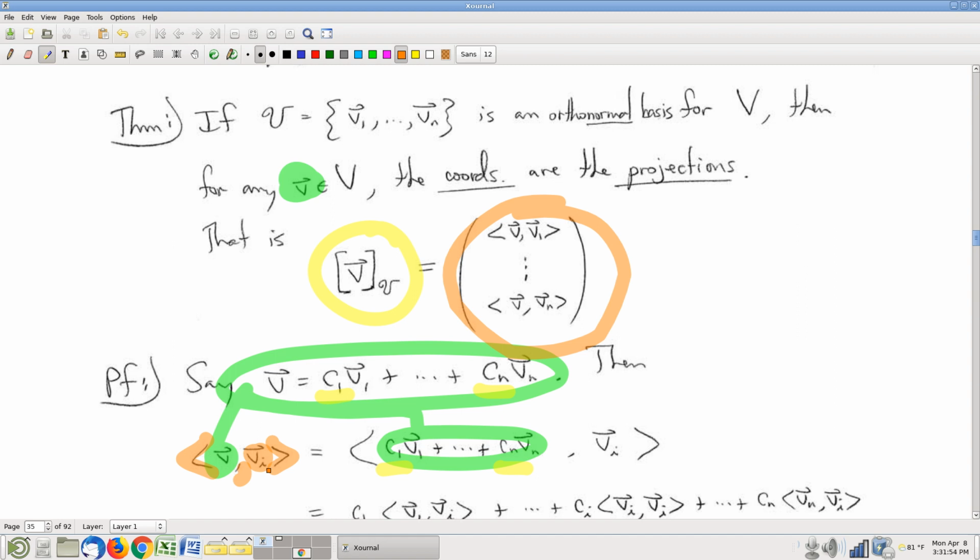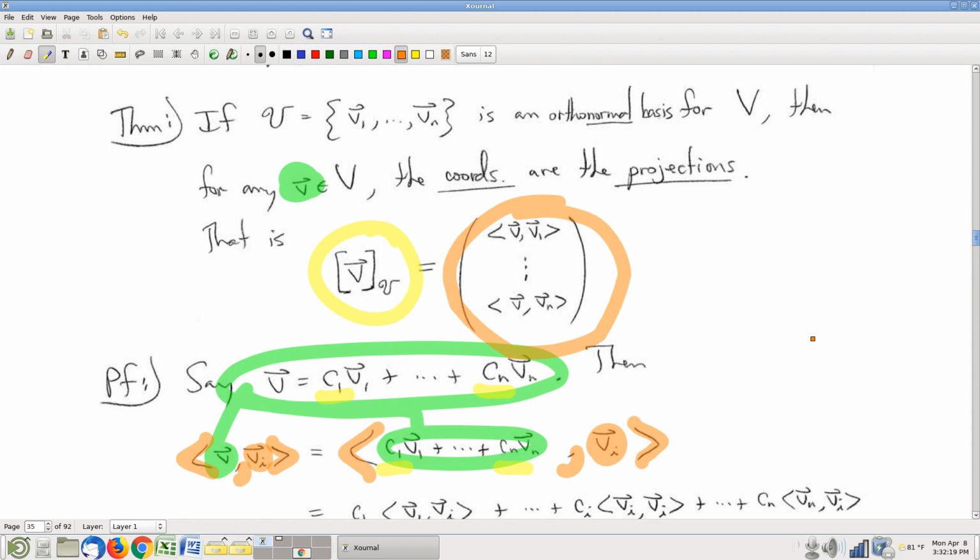Inner product with the coordinate, with the basis vectors. Projections. Okay, well, now, don't forget, this function that says inner product with this fixed vector vi, that function is a linear transformation. The way we said this last time was that inner products are linear in each entry.